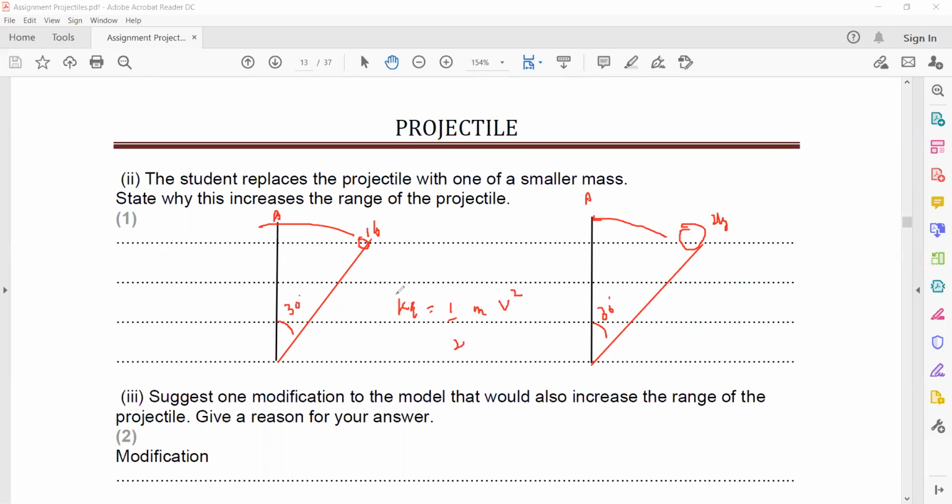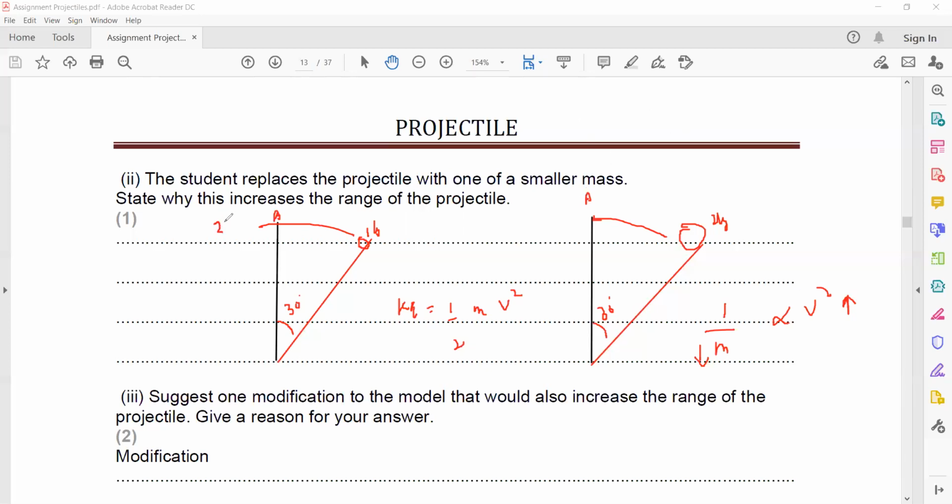The kinetic energy is the same, so kinetic energy is constant, and the half is constant. So what is the relation between mass and speed? They are inversely related. If an object has a smaller mass, it will have a higher speed if the kinetic energy is the same.